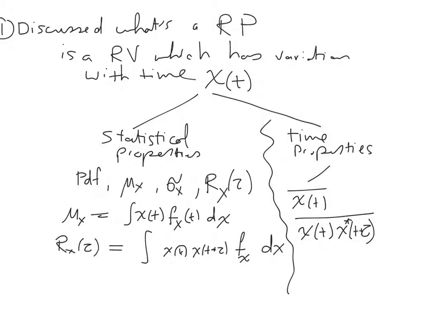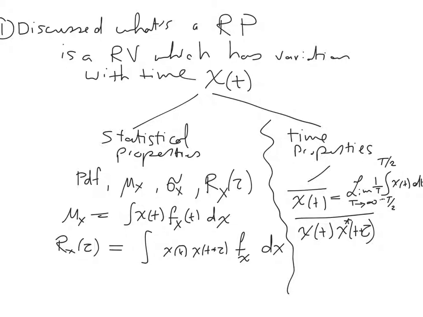So x of t, let me go back to writing. This is equal to the limit, typically written this way, as T goes to infinity, and then you integrate from minus T over 2 up to T over 2 of x of t dt, all of this divided by T, so 1 over T here.